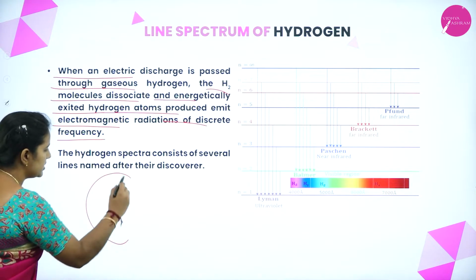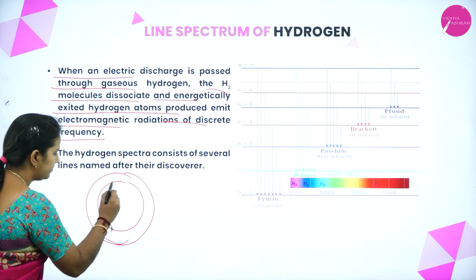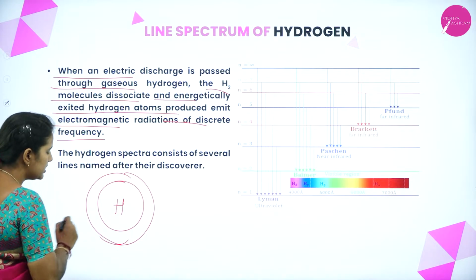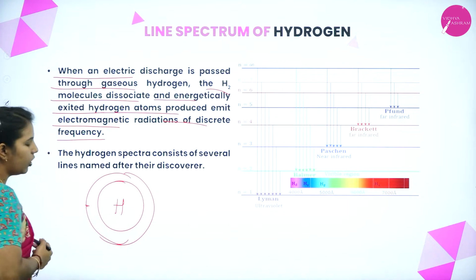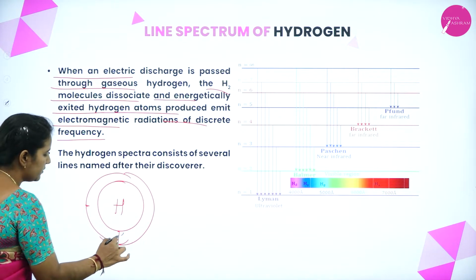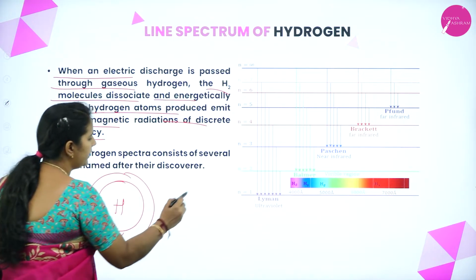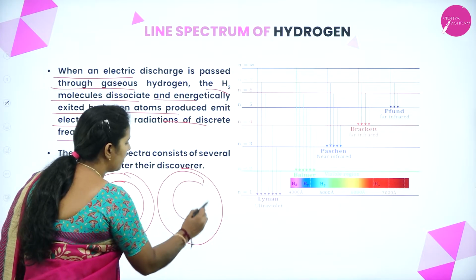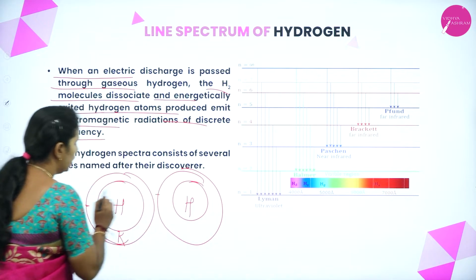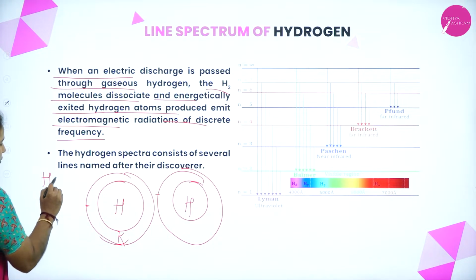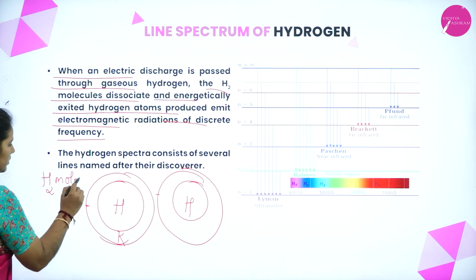Suppose, imagine this is a hydrogen atom, which consists of only one electron in the K shell, as we know. Similarly, if you take a number of hydrogen atoms, it will become a hydrogen molecule. Is it right? Hydrogen molecule.